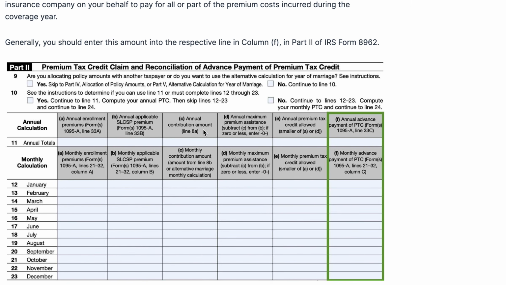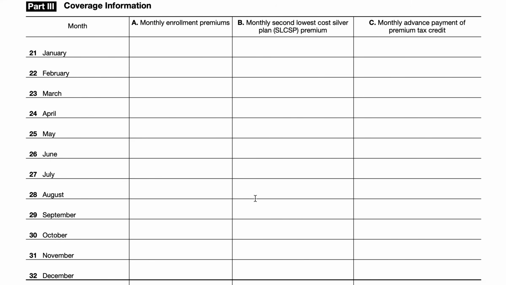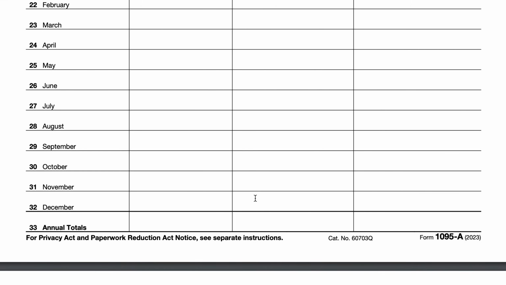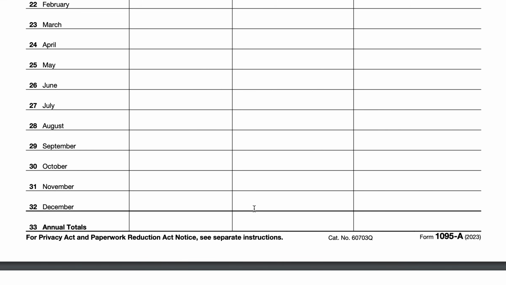The rest of these columns are either items from somewhere else in your tax return or mathematical problems. But column A goes into column A, column B goes into column B, and column C goes into column F. And again, annual totals should be summarized at the bottom.